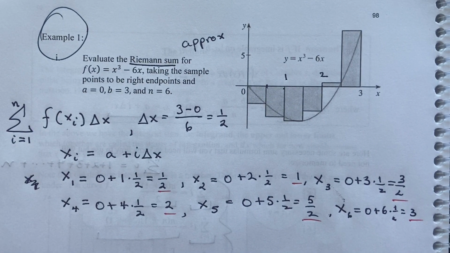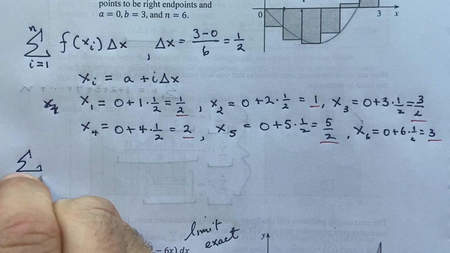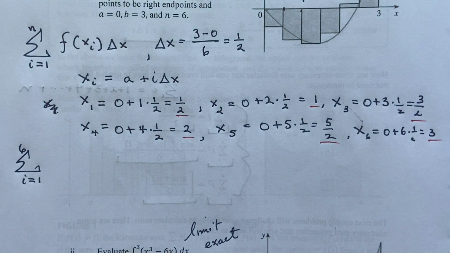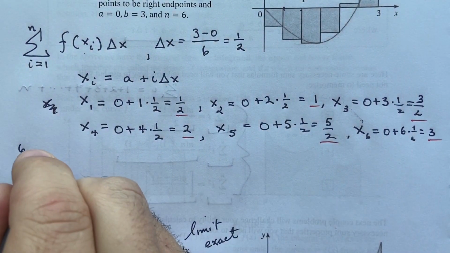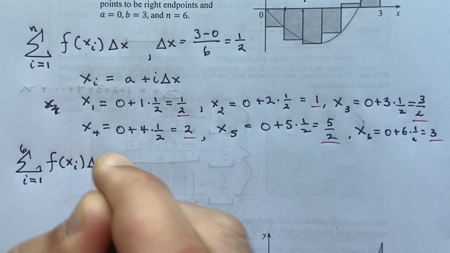So let's go ahead and go about this now. So the sum, we'll have the sum going from I equals 1 to 6 of f of x sub I times delta x.